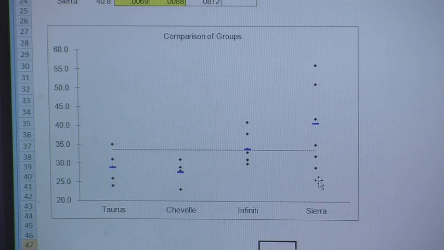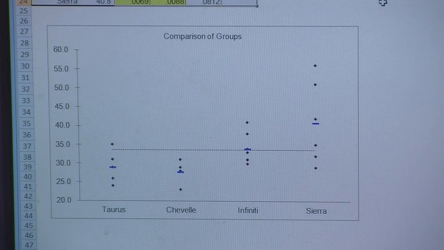You've got more variability on the Sierra than you do the other vehicles, but all the vehicles have some dispersion. Okay? So that's ANOVA, how to interpret the null and the alternative hypothesis, and how to bring in managerial insight by looking at the post hoc analysis.